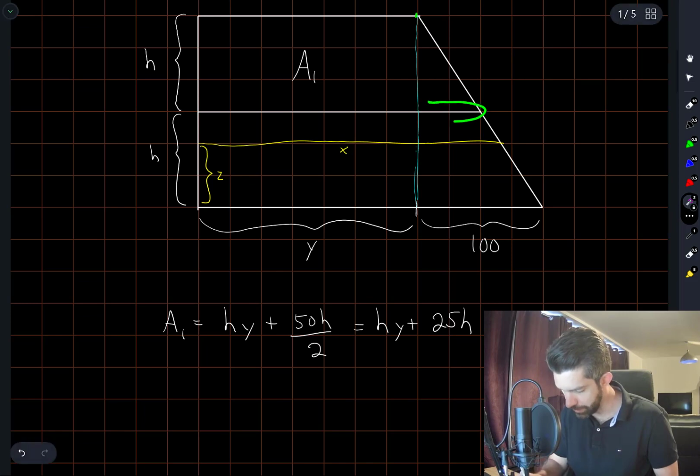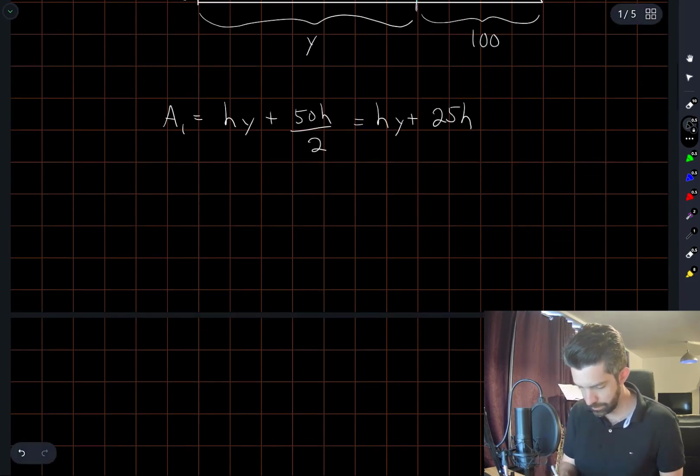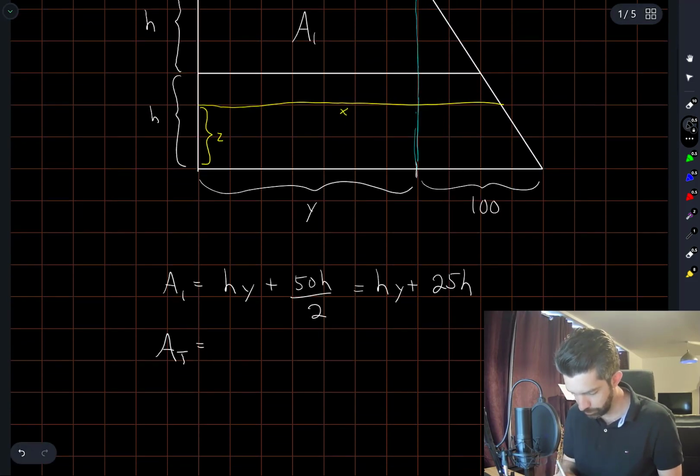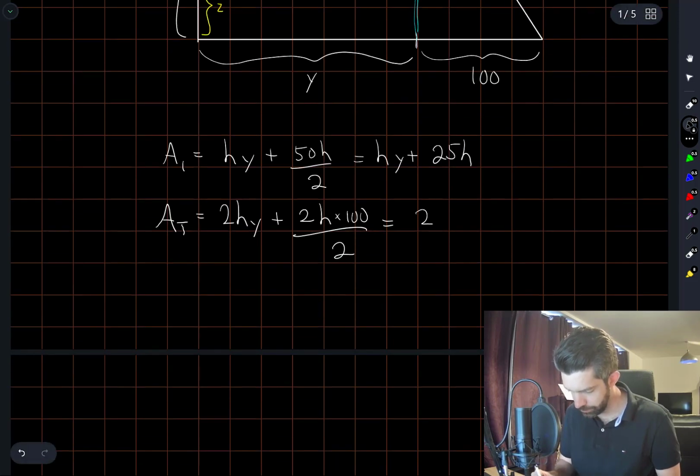So the area of this triangle is 50 times h divided by 2. Now we can compute the area of the entire trapezoid. Call that AT. This is equal to 2h times y plus 2h times 100 divided by 2, which is 2hy plus 100h.